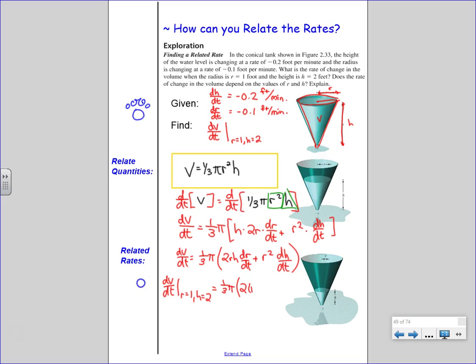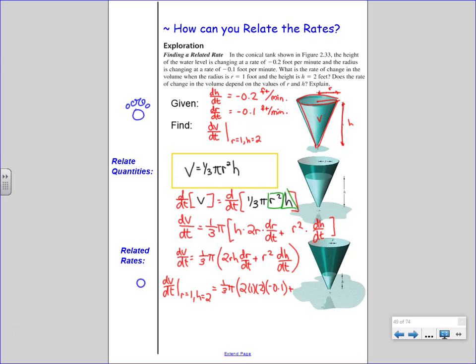You have 2 times r is 1, h is 2, dr/dt is negative 0.1, plus r squared is 1 squared, dh/dt is negative 0.2.